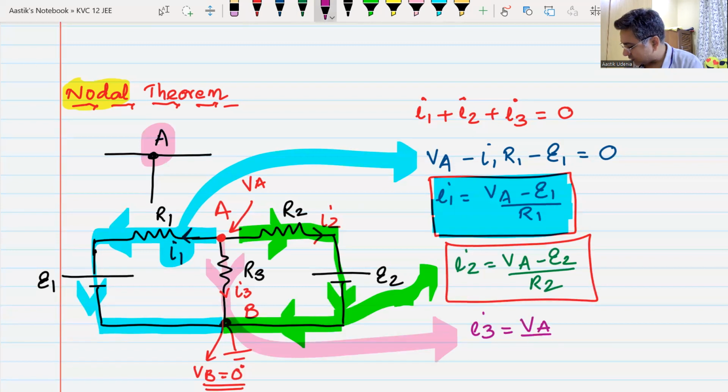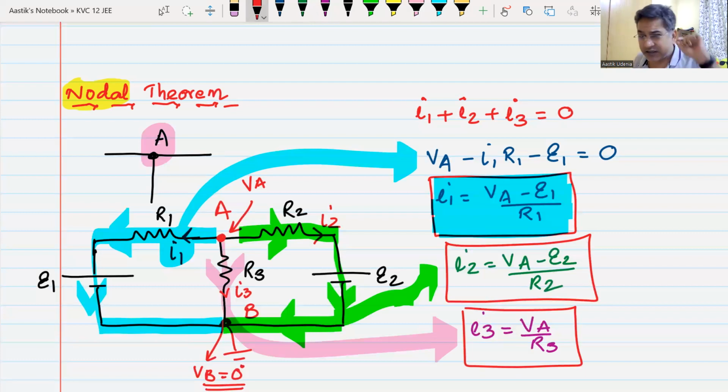Now what I have done here is, surprisingly, I have calculated everything in terms of VA. And the only unknown here is VA.